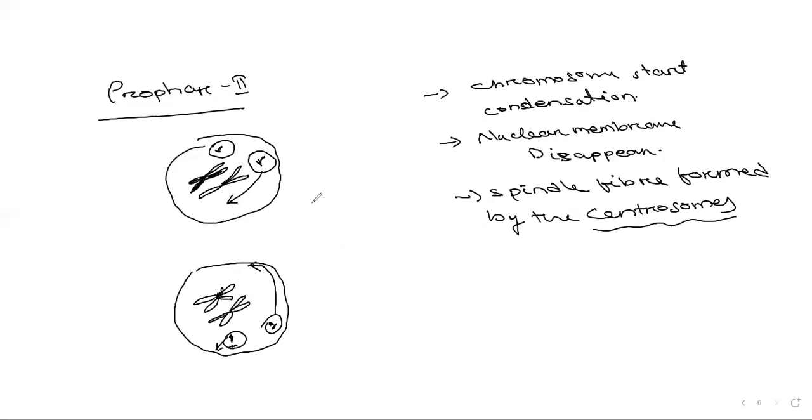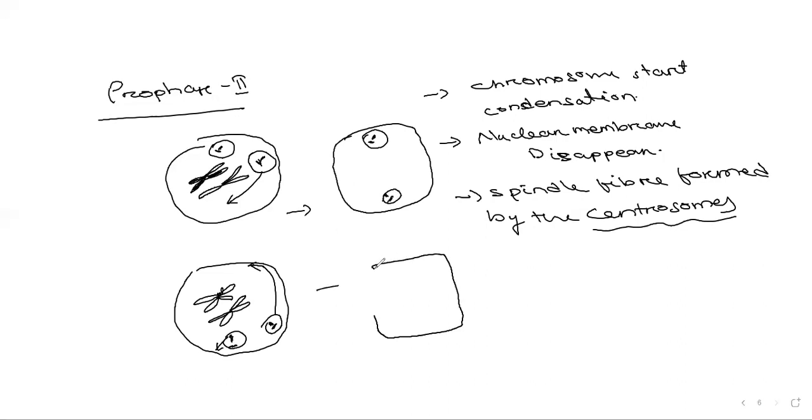But when the centrosome moves towards each pole, here there will be one centrosome, and here also, in this cell, there will be a centrosome at the poles. It will form the spindle fibers, and these spindle fibers will now get attached to the chromosomes.